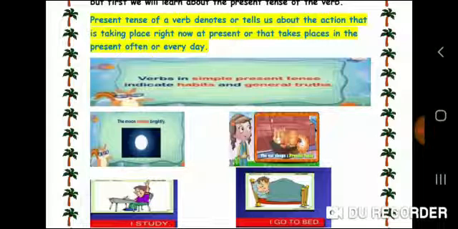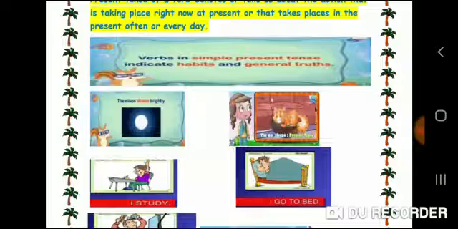The present tense of the verb tells us about an action that is taking place right now, at present, or that takes place quite often or every day, which is a routine, or is a universal or general truth. So the verbs in simple present tense indicate habits and general truths, right?